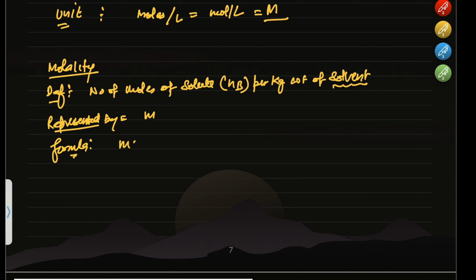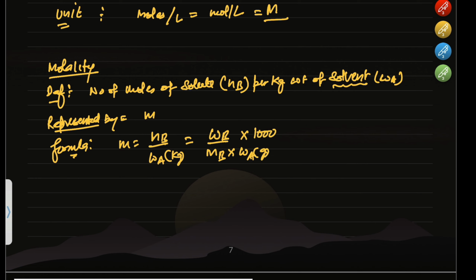Formula: m is equal to, from the definition, the number of moles of solute nb per kg of solvent. The weight of solvent is represented by Wa in kg, or moles of the solute is weight of the solute upon molar mass of solute, into weight of solvent in gram, into 1000.